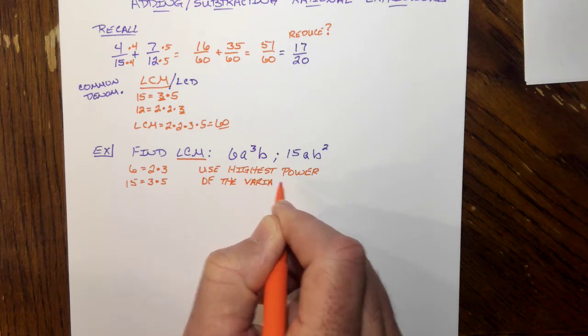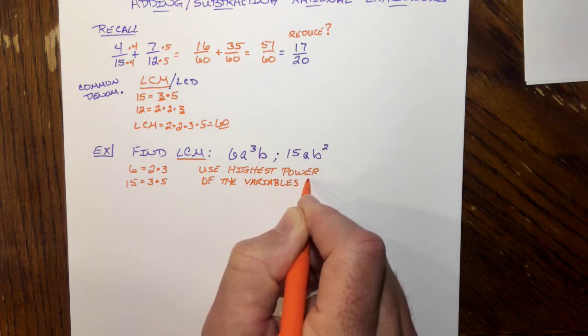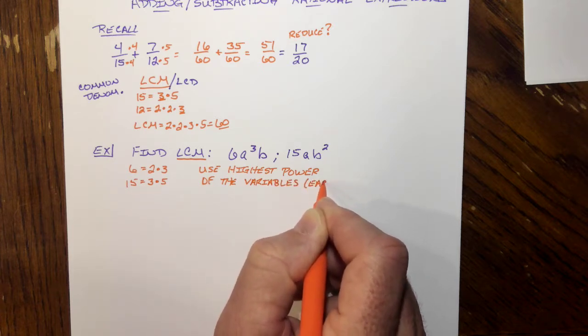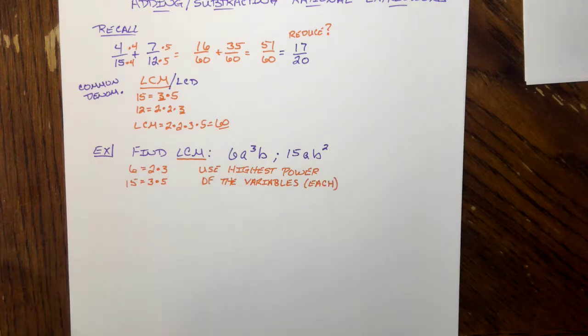There are two different variables in there. We're going to use the highest power of each individual variable.